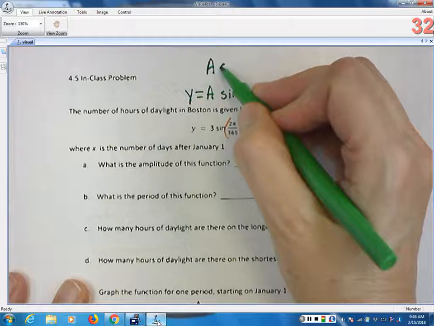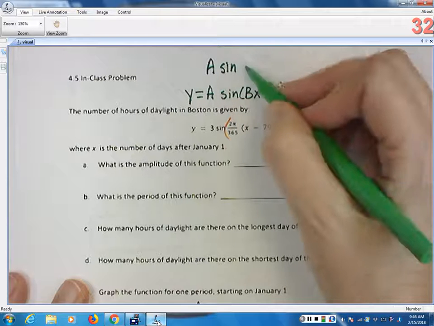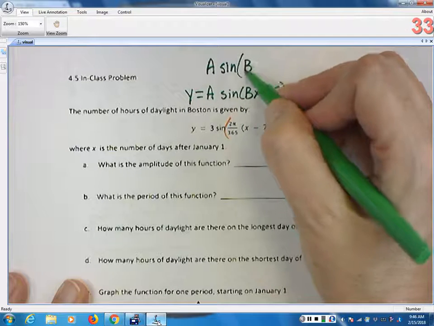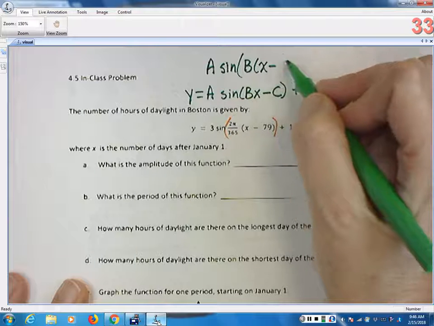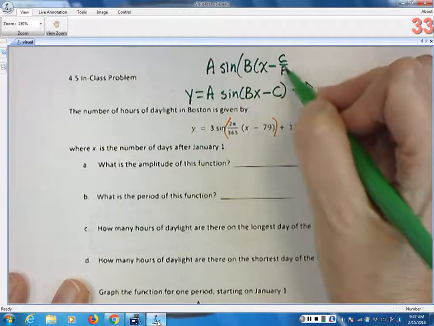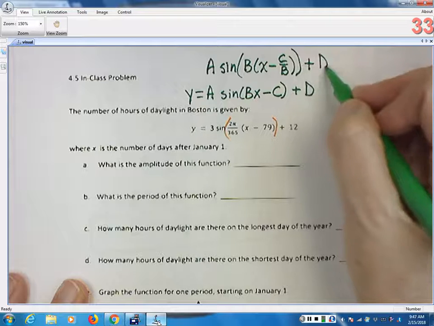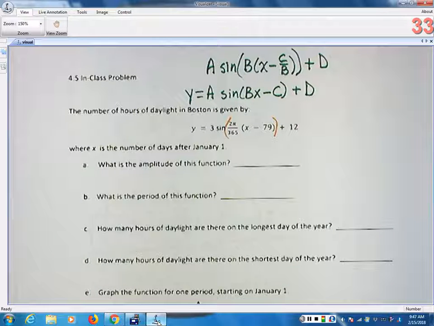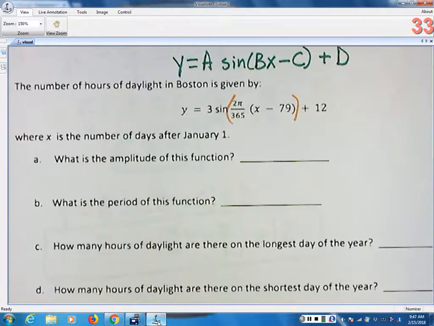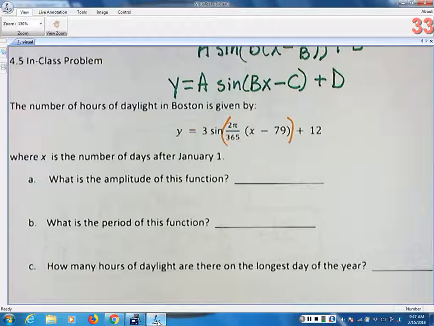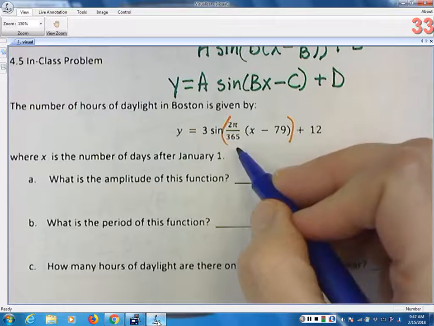A sine, if you factor your B out, you get x minus the phase shift, plus D. Because they factored this out, guess what 2 pi over 365 is?